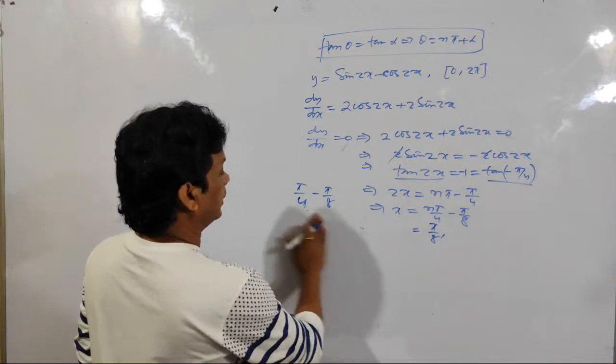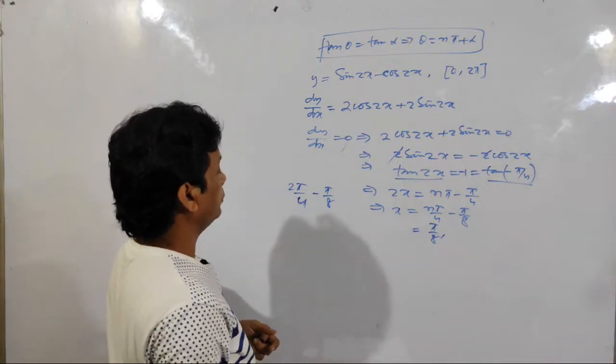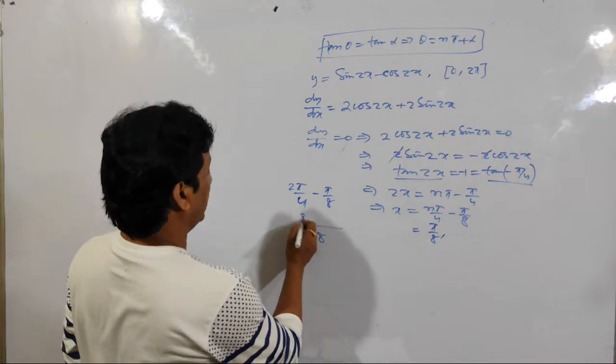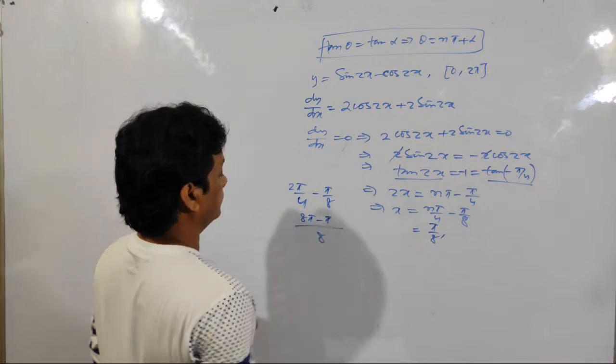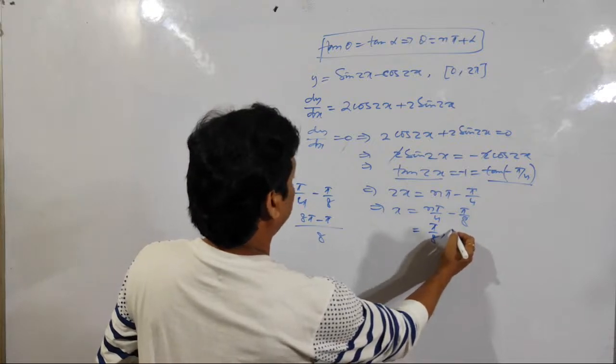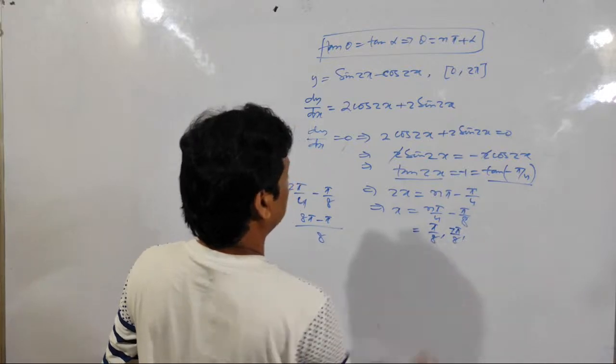Then the second one, put n is equal to 2. So 8 pi minus pi, it will be 7 pi by 8. Then if we take 3, it will be 3 times 4 is 12, 12 minus 1, 11 pi by 8.